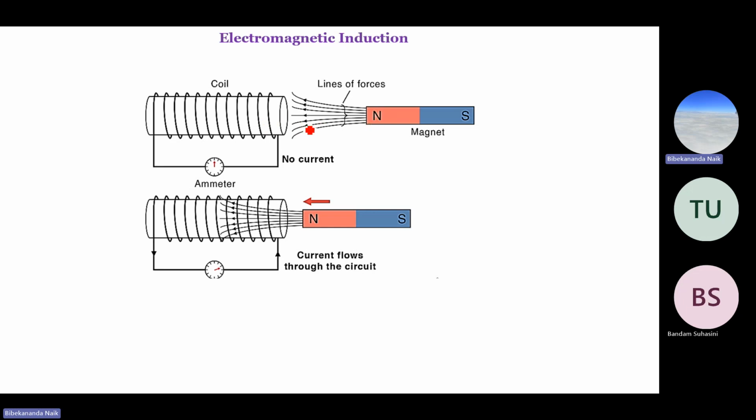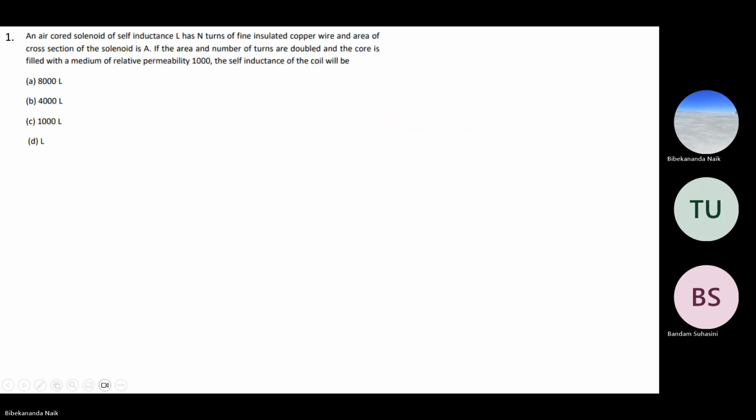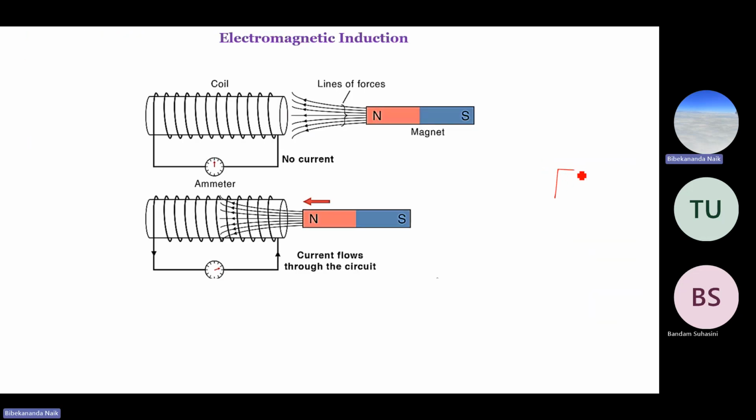Suppose this is a magnetic pole, so the magnetic lines of force go in this way. Here the magnetic field is B1, and here it is B2, so it is clear that B2 is less than B1. So when you go closer and closer, the magnetic field changes.